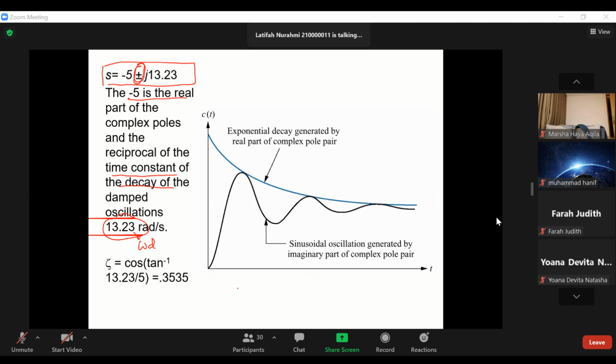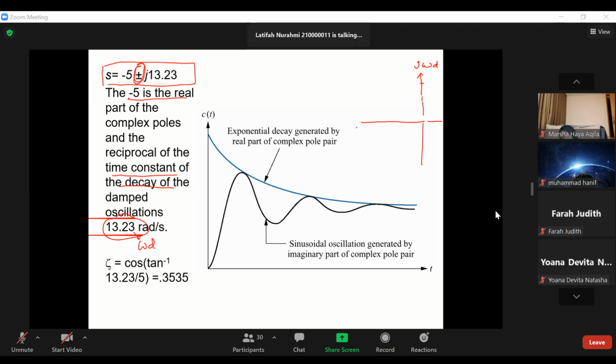Okay, and if you take a look again, the s plane looks like this. I will draw more in the left or negative plane, with the j omega d axis.